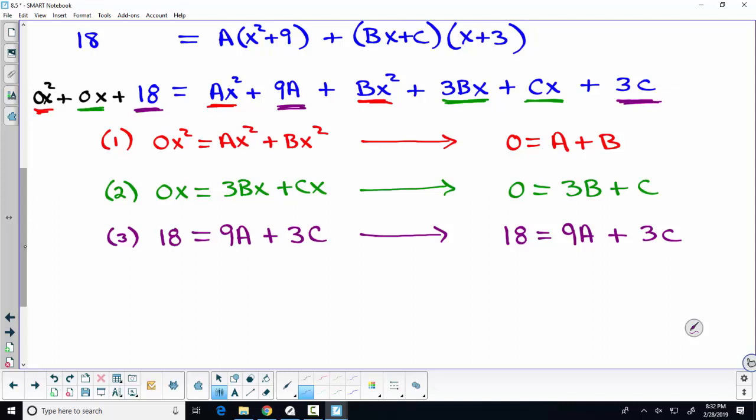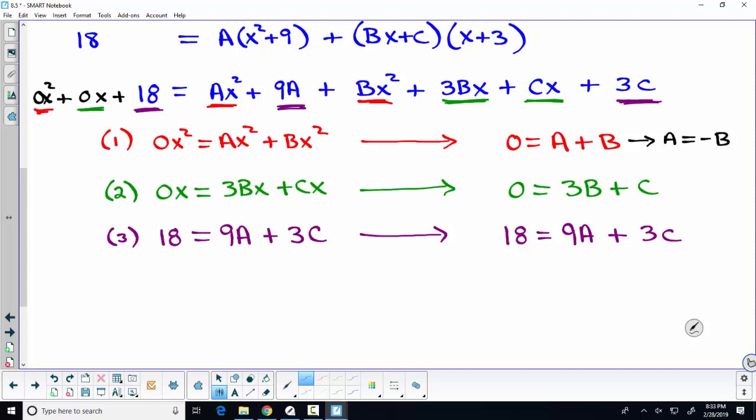But that first equation tells us that A is negative B. So then we can turn equation 2 into an equation involving A and C. And then we have a third equation that involves A and C. We can solve for A, solve for C. Or we could do that with equation 3 rather.